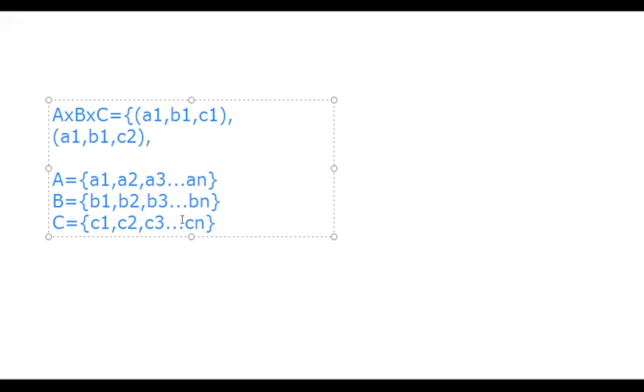Okay, got it? Same we will do again with A2: A2, B1, C1, A2, B1, C2, A2, B1, C3 up to A2, B1, CN. Again A2, B2, C1, A2, B2, C2, A2, B2, C3, A2, B2, C4, A2, B2 up to CN.